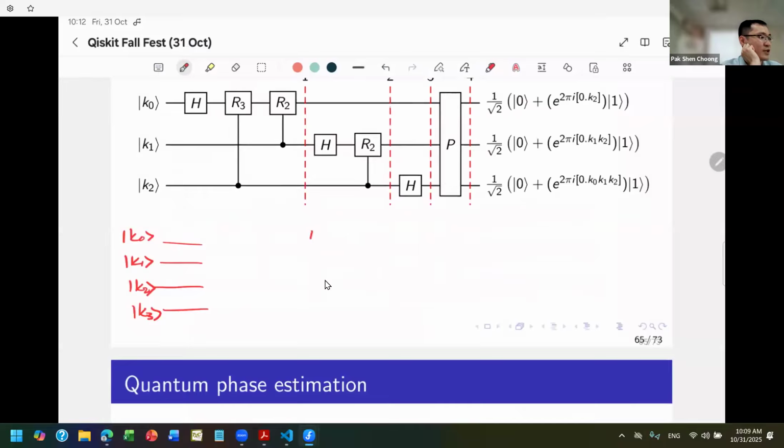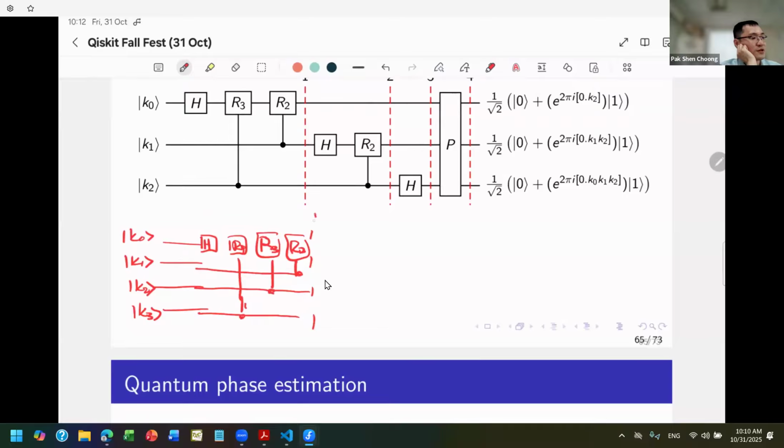So the first step, what would it look like? You will have Hadamard over here, and then R4, R3, R2. So R4 will be controlled by the last one, and then you have the second one. So what will be your final state for this particular step for K naught?